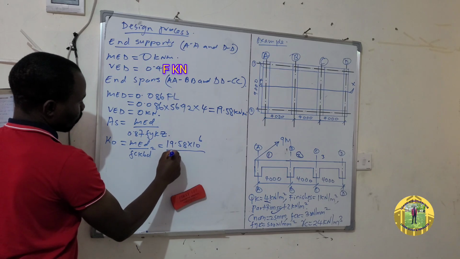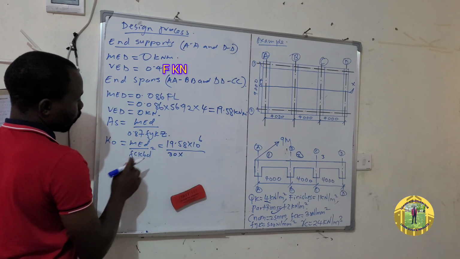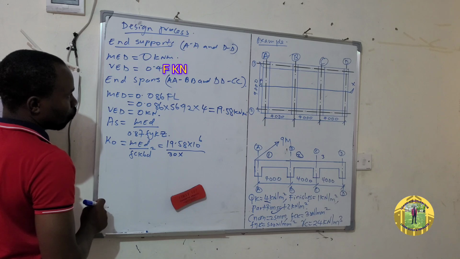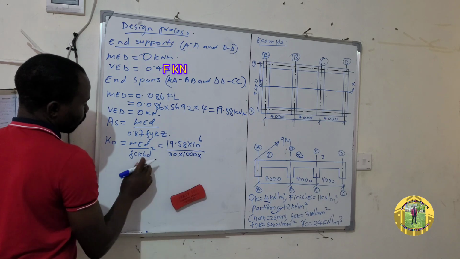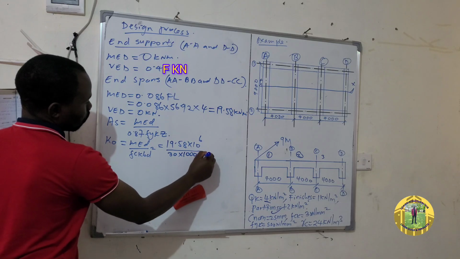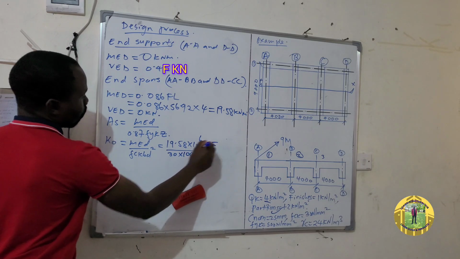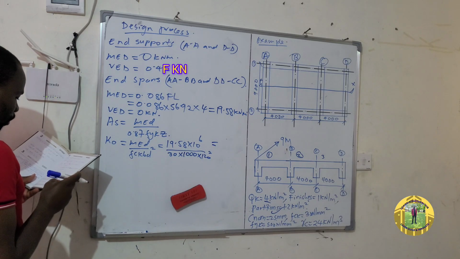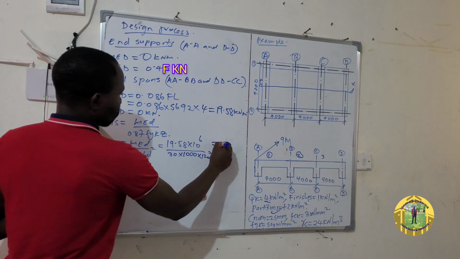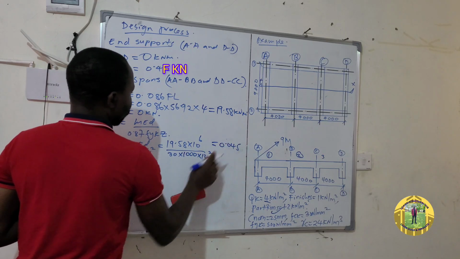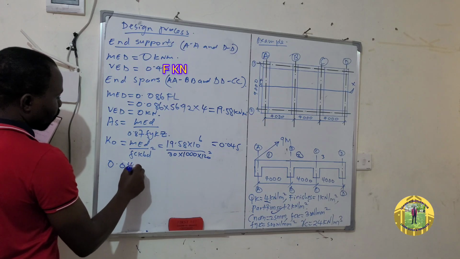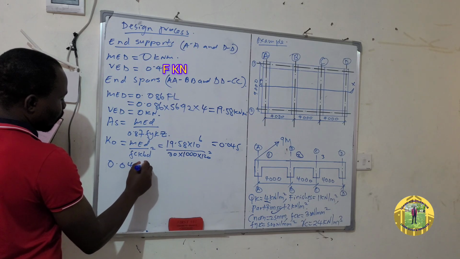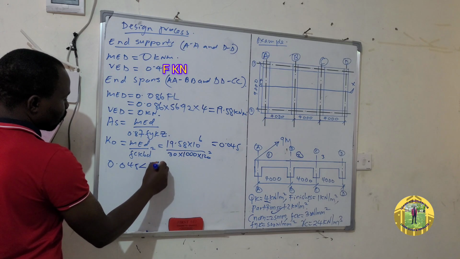FCK is 30 times B. B is 1 meter width of the slab, which is 1,000, times D, which is 120 square. So you will get 0.045, and therefore 0.045 is less than 0.167.